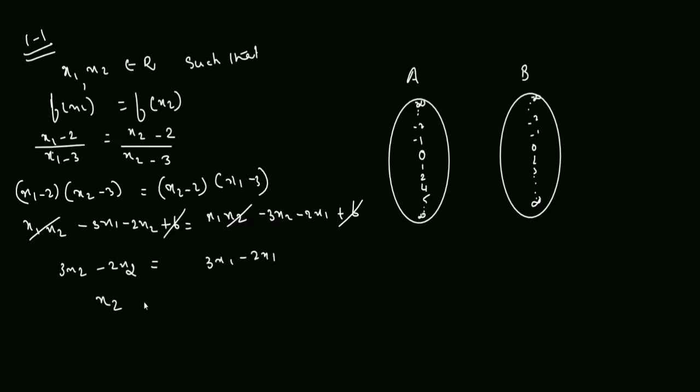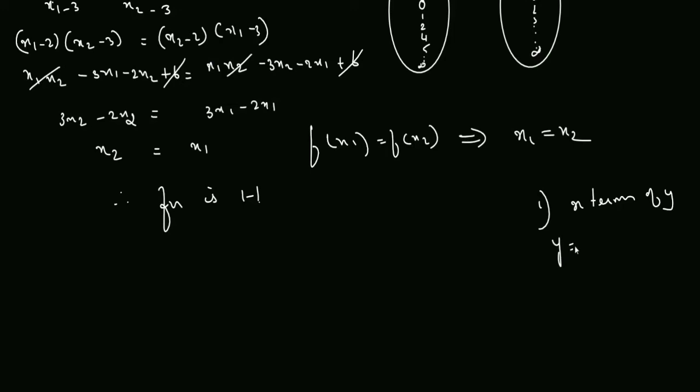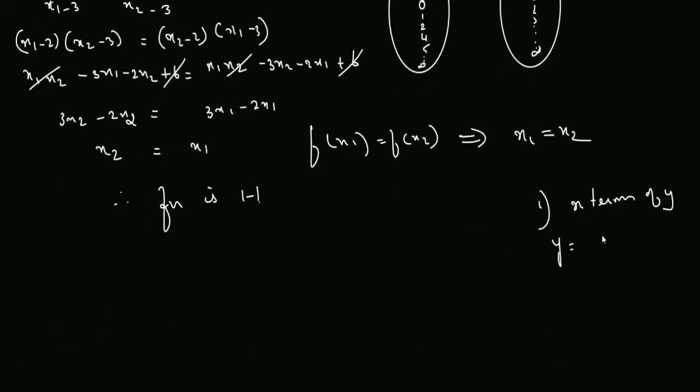So we are getting x2 is equal to x1. So f of x1 is equal to f of x2 implies x1 is equal to x2. Therefore the function is 1 to 1. Is it onto? How do you check it is onto? You have to write x in terms of y. So y is given as (x minus 2) by (x minus 3).